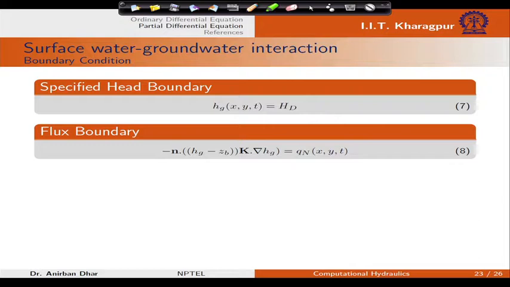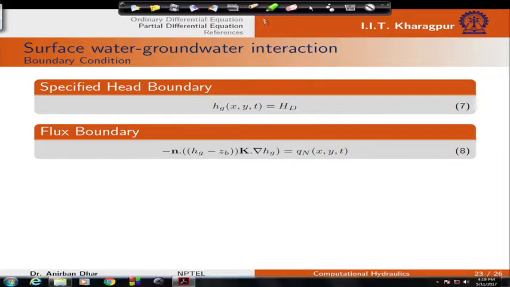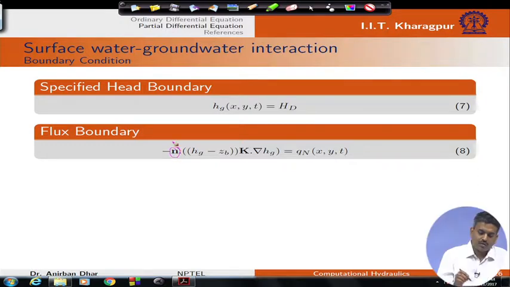N is the vector which is normal to the boundary or unit vector, and this Qn is some specified value of flux.